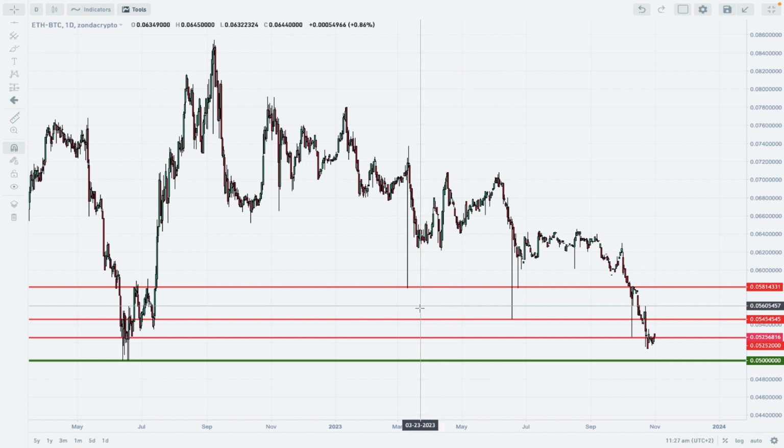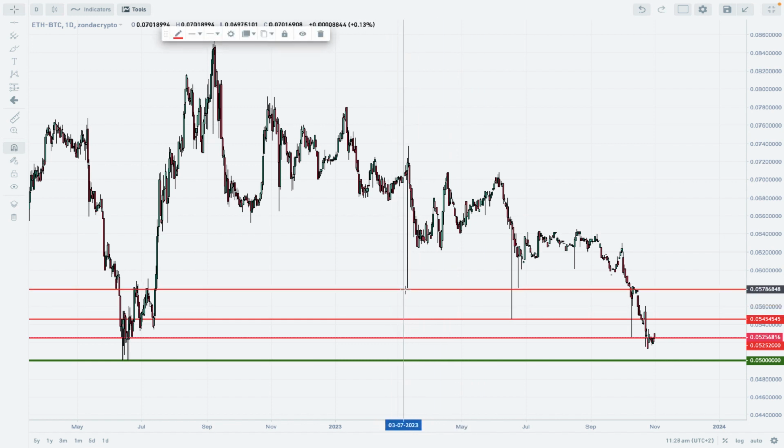So it looks like this market is actually moving way lower as the downtrend continues.